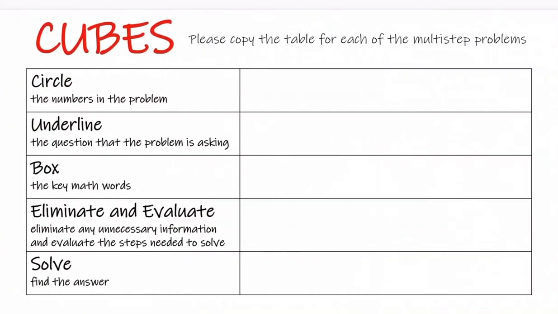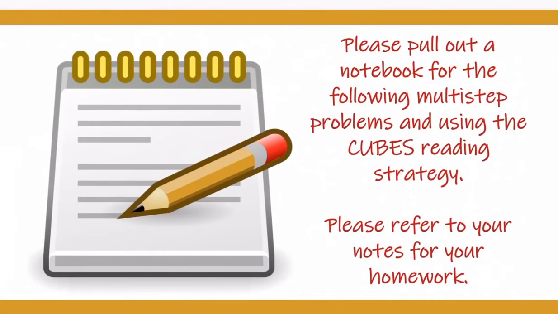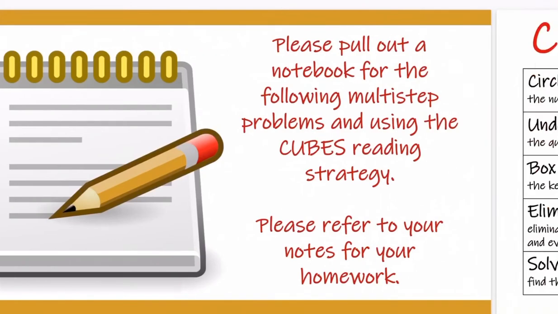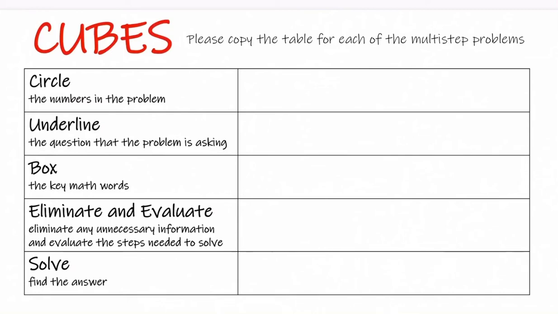Okay, so please open up your notebooks and we're going to go through the cubes reading strategy. I need you to copy down this table for me. So go ahead and pause here and I'll give you time to copy down the table.